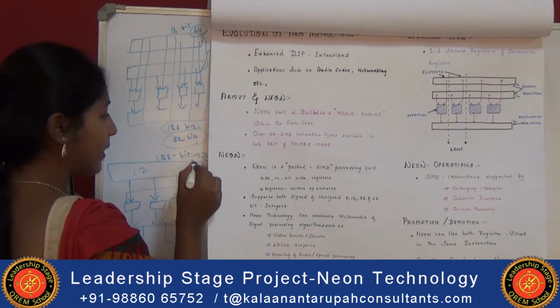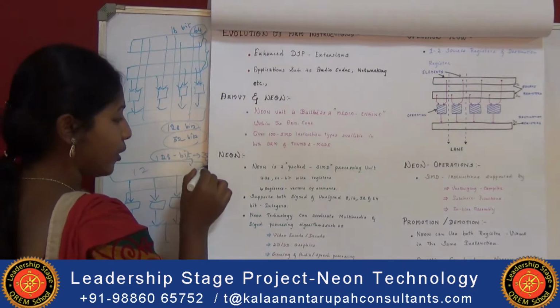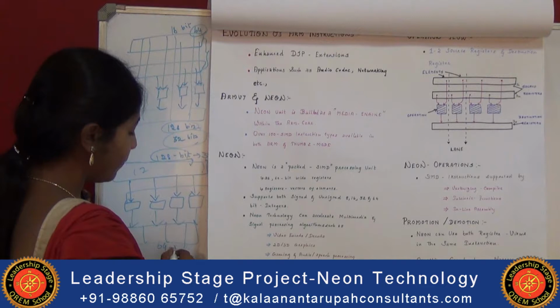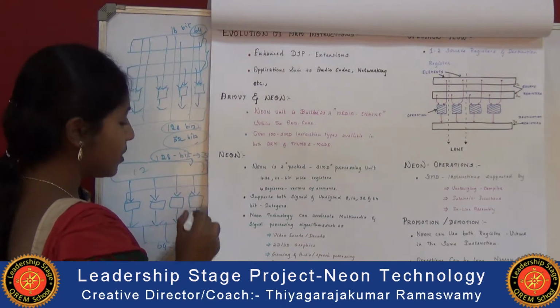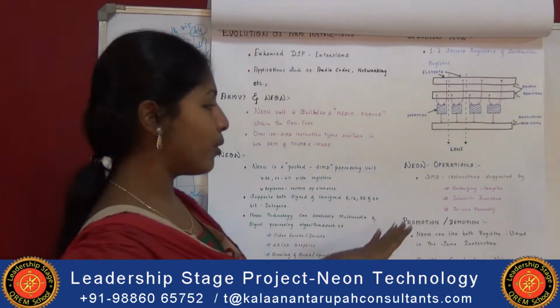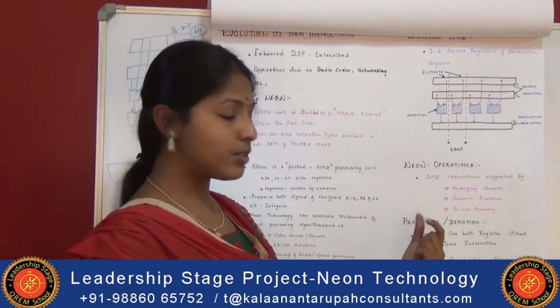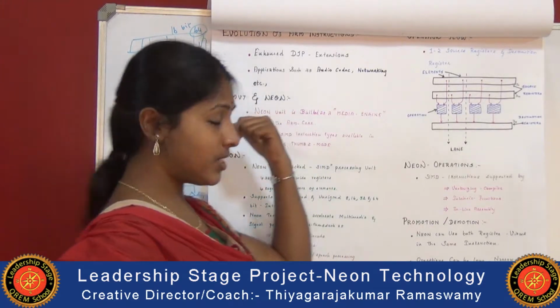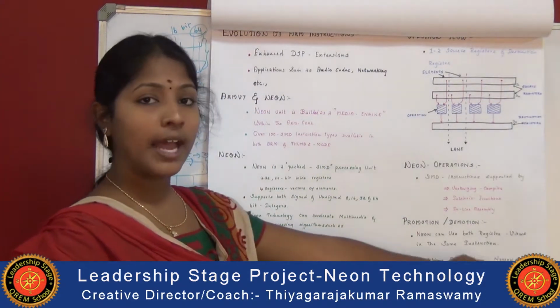So the 128-bit vector of 32-bit integers is converted to a 64-bit vector of 16-bit integers. So this is demotion of elements. The elements are demoted here, and here the elements are promoted. That is promotion or demotion, and it can use both register views in a single instruction. And the operation done here can be long, narrow or wide.